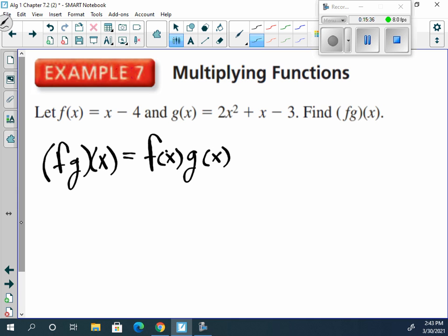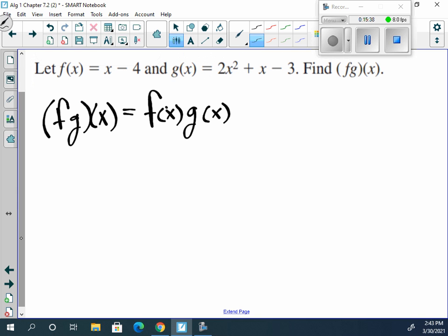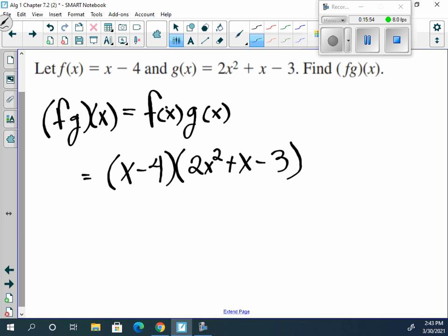So what is f of x? x minus 4. Now g of x is 2x squared plus x minus 3.